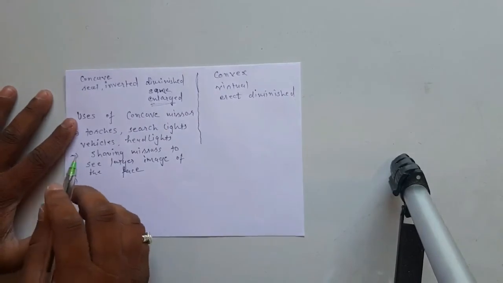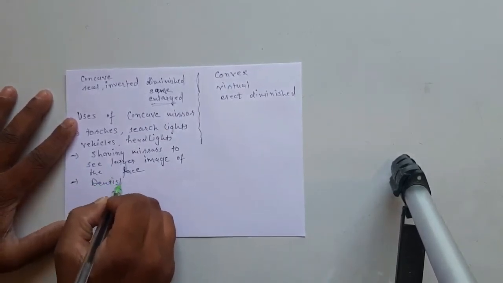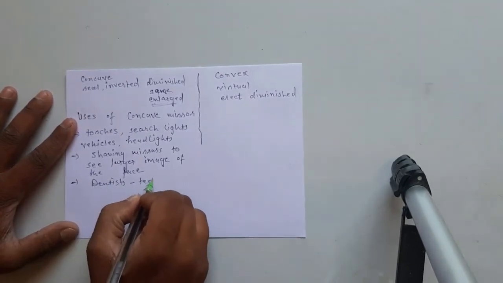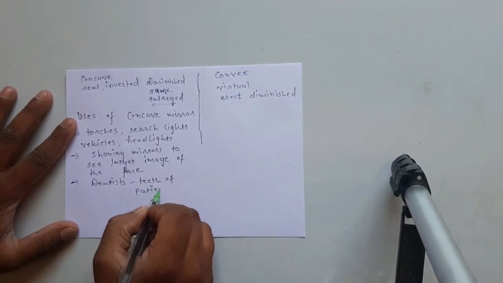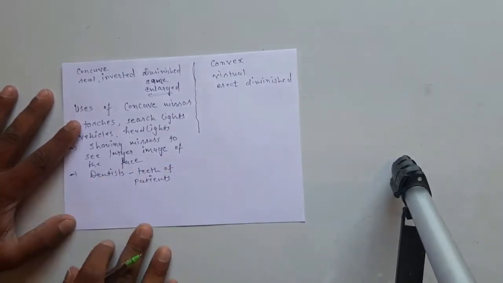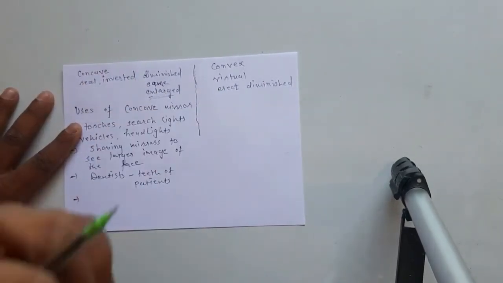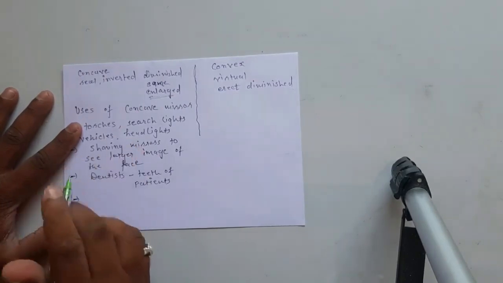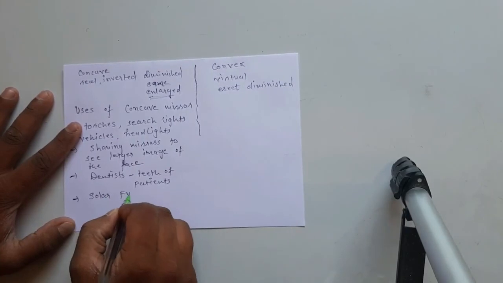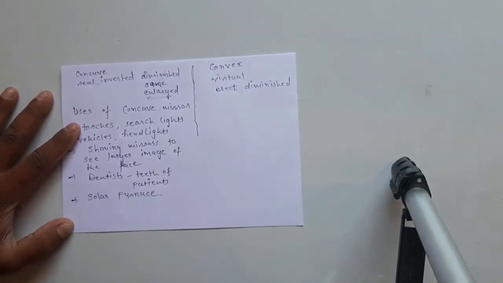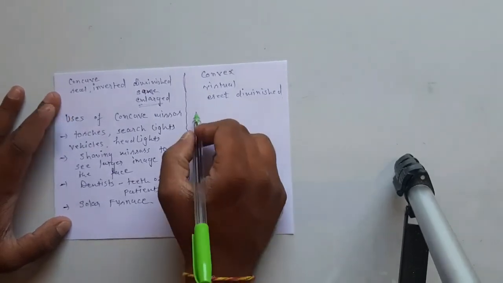It is also used by dentists to see the teeth of patients. And also, this is a converging mirror, it converges light rays at one point. So due to that property, it is used in solar furnace.